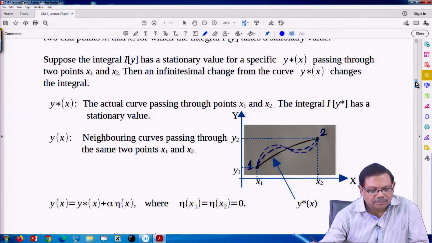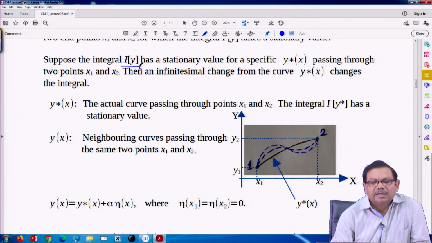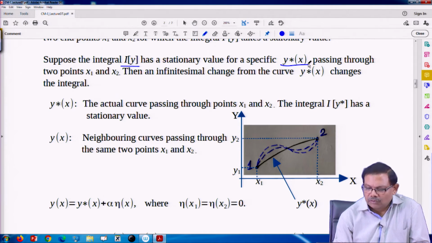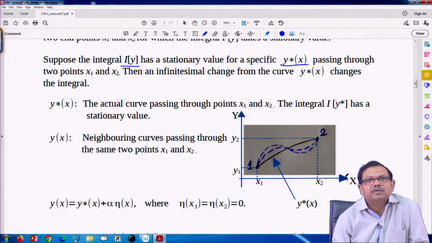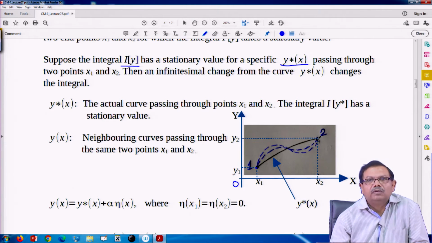Suppose the integral I has a stationary value for a particular curve y star of x between point 1 and point 2. Here I have plotted the x y plane with my origin, and I decide 2 points, x 1 y 1 and x 2 y 2.